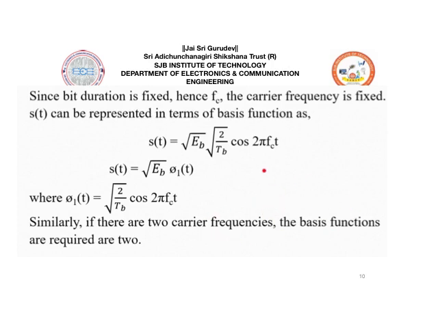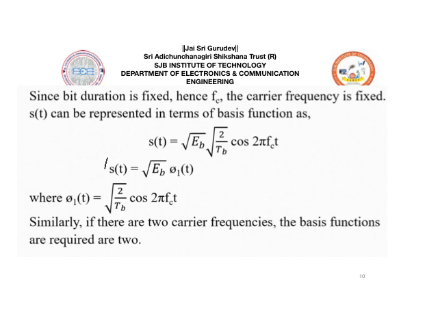functions. Since here only one carrier function is there, we are having only one basis function. This is the representation of the signal that we need to consider in all of the digital modulation techniques.